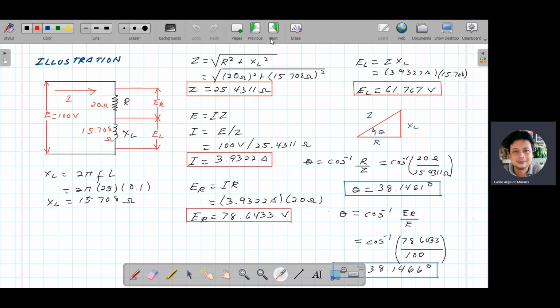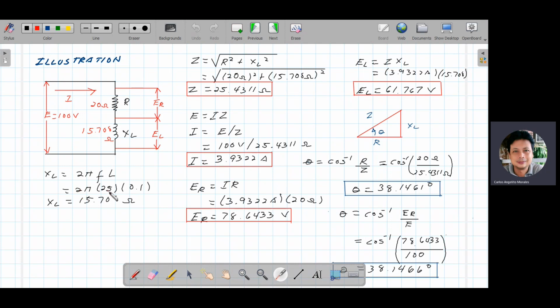So, solve na natin. So, illustration muna. Drawing natin yung circuit, no? Ito yung ER, ito yung EL, resistance, inductive reactance, no? Solvin muna natin yung inductive reactance. Inductive reactance has a formula of 2 pi FL.